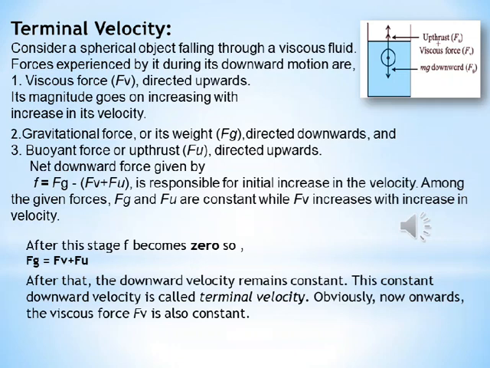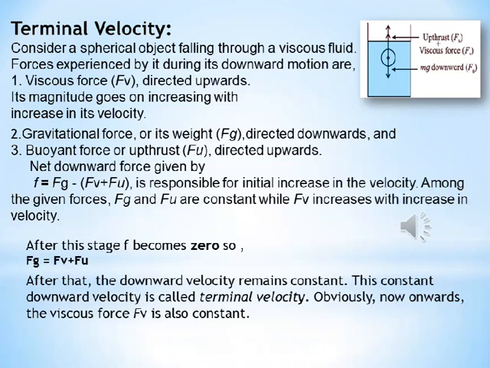Fv is the viscous force and Fu is the thrust. Both are in the opposite direction, so they go in a bracket with a negative sign: Fg minus (Fv plus Fu). It is responsible for the initial increase in the velocity.